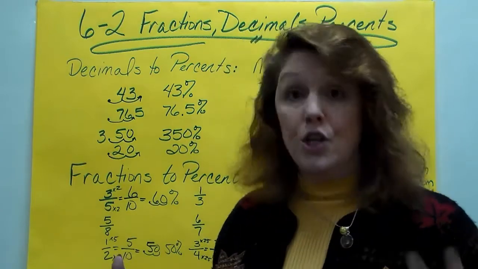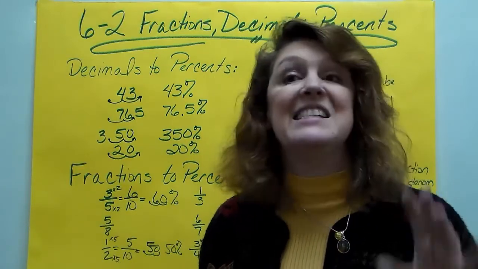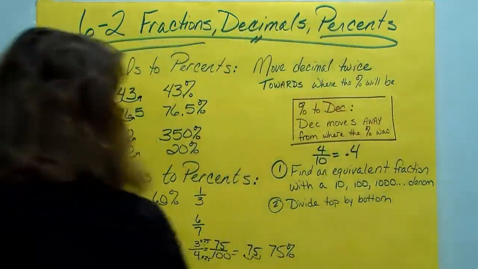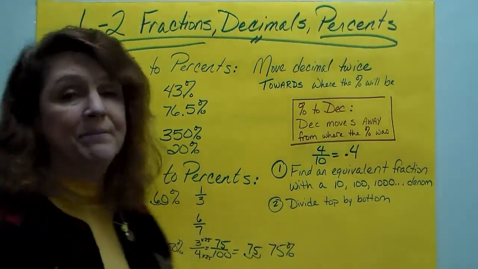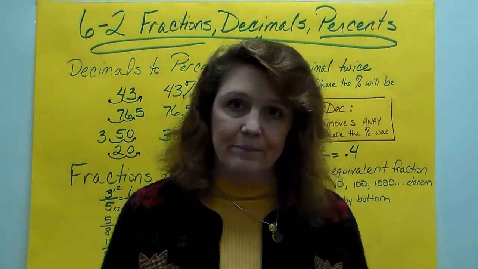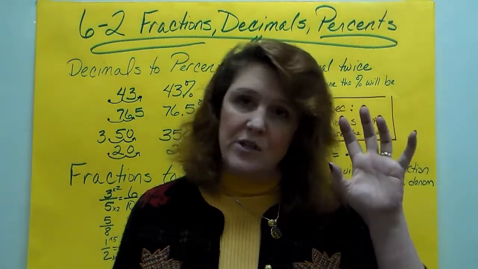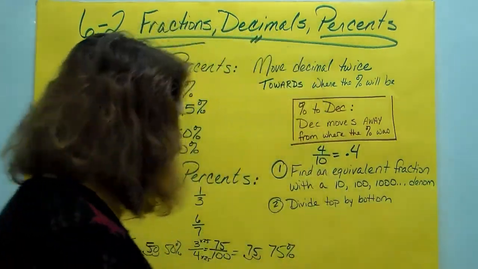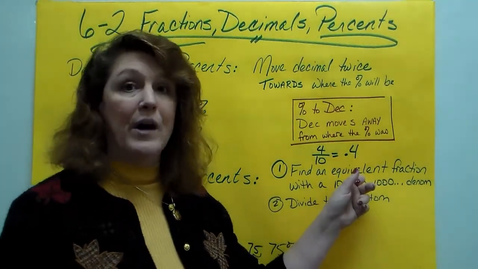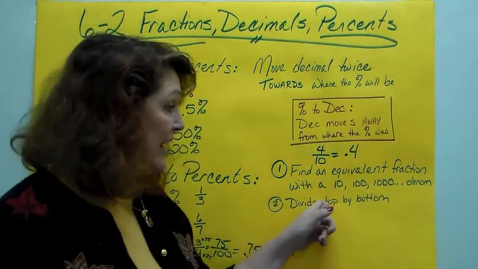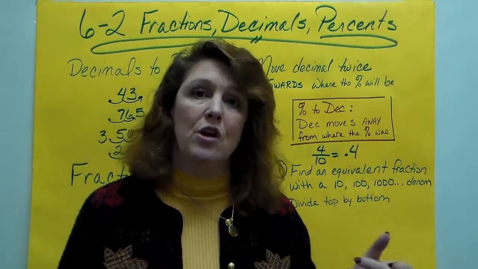Or you can do the long division, because that's the next step. If I have a number, let's use this as an example, 7. 7 doesn't go into anything. 7 is one of those irritating numbers that always cause you problems. If you have a 7 as a denominator, you are not going to be able to do this the easy way. So you've got to go to the second option, which is to do the long division.